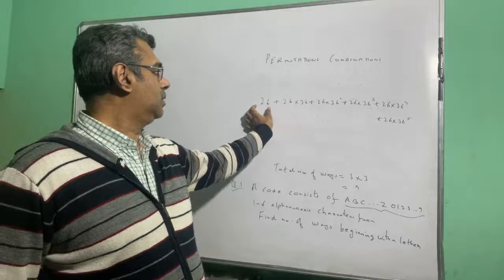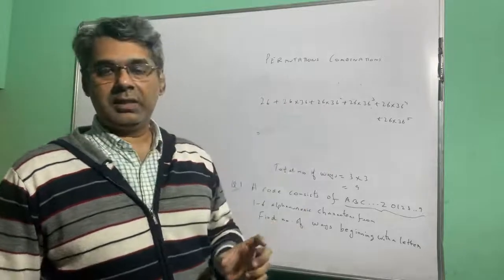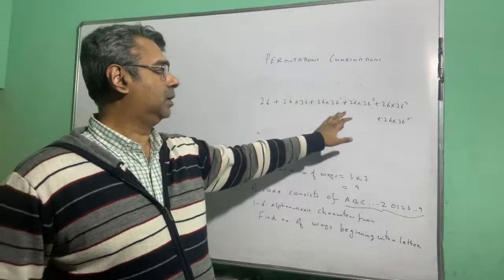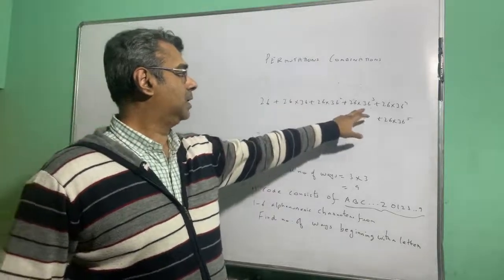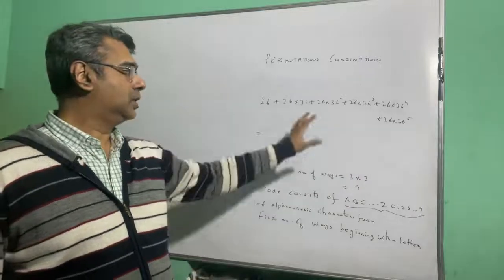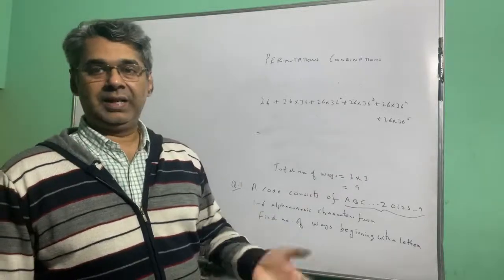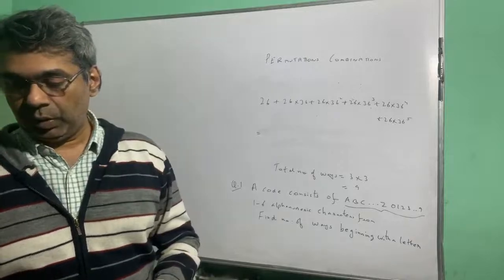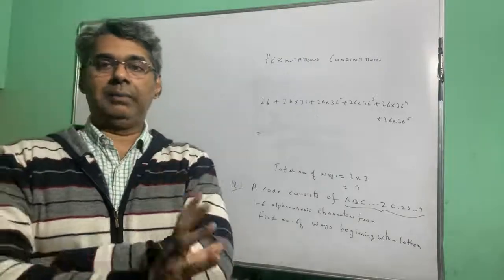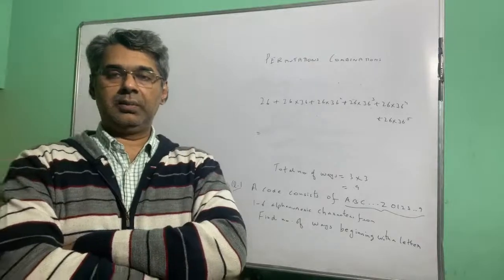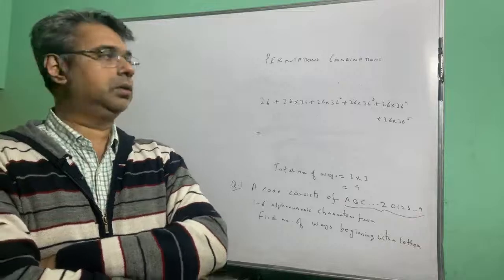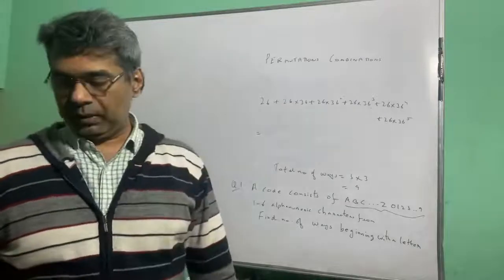So each of these individual cases is the multiplication rule, and plus, plus, plus because it can be any one of these 6 cases. So this is a very good example of both addition rule and multiplication rule. What you have to remember is that addition rule and multiplication rule is the backbone of this chapter. All the formulas of this chapter are derived from addition rule and multiplication rule.